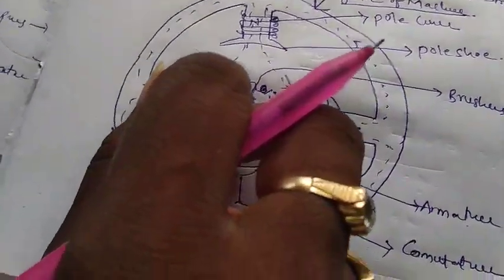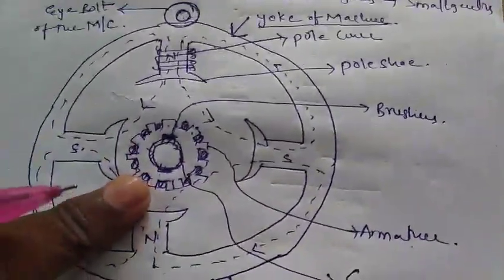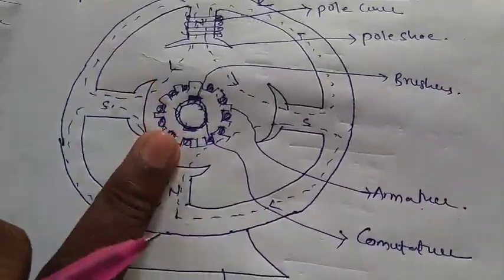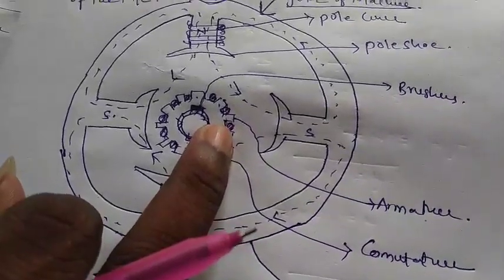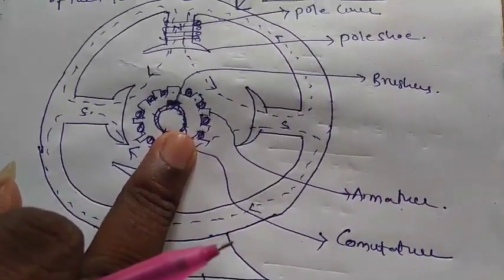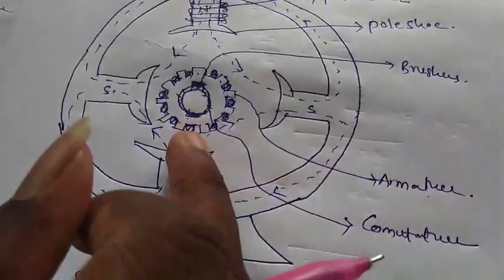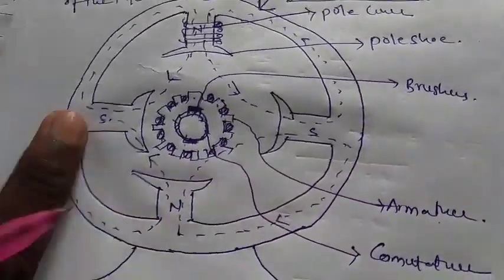Otherwise, we give mechanical energy as input with the help of a prime mover and get electrical energy, and that is the generator. The output produced here is DC, so it is called a DC generator. If the input is DC electrical supply, it is called a DC motor.